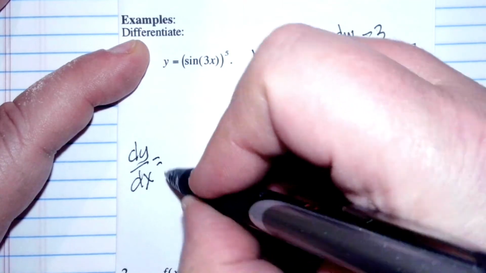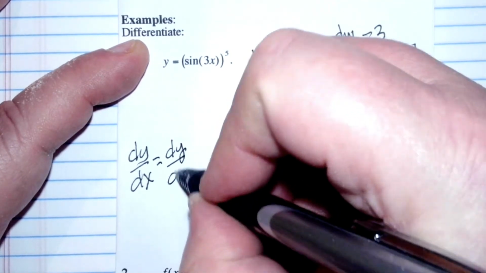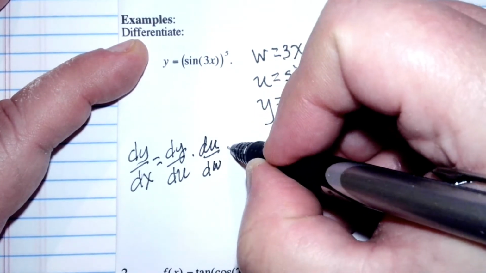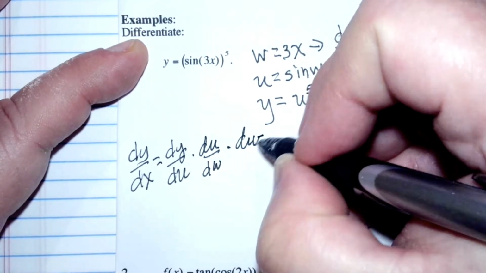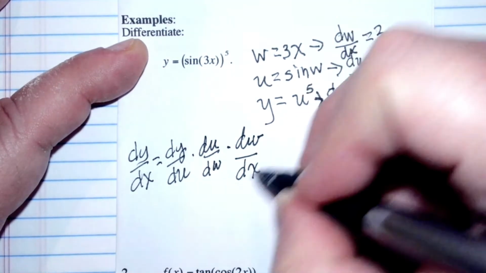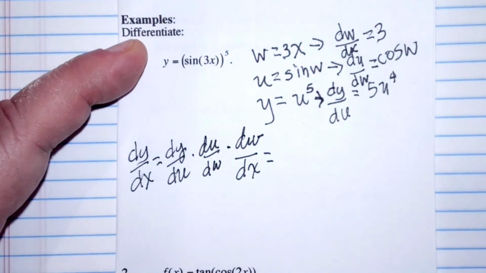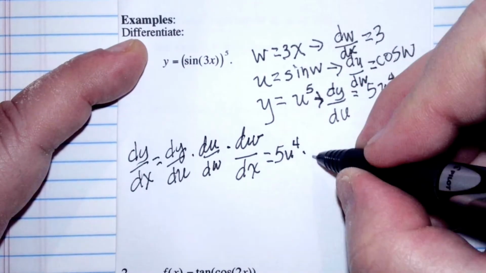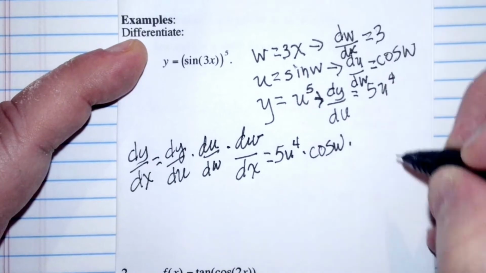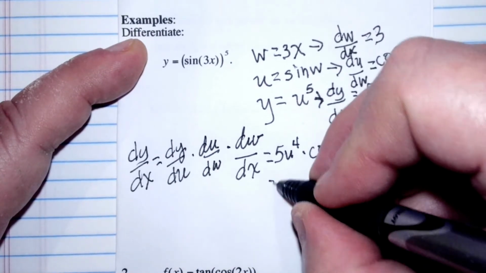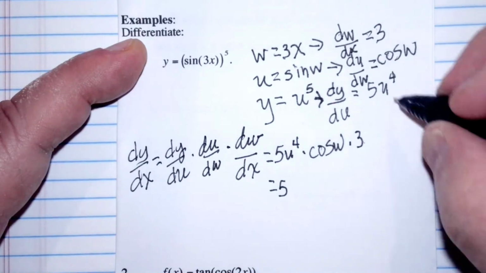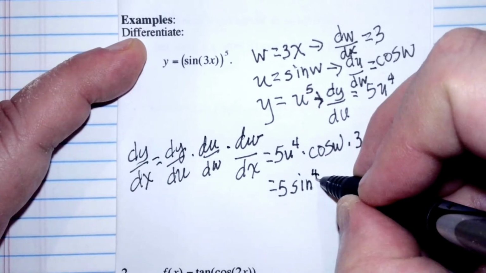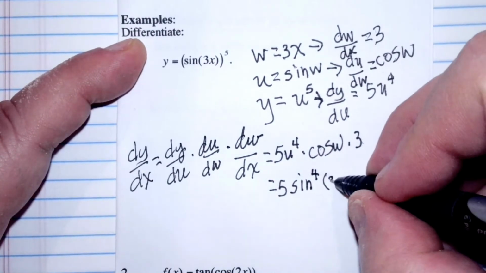All right, so the derivative of y with respect to x is the derivative of y with respect to u times the derivative of u with respect to w times the derivative of w with respect to x. So that's going to be 5u to the fourth times cosine of w times 3, which would be 5 times, let's see, u is the sine of w, raise that to the fourth, but I'm going to replace the w with 3x, right?